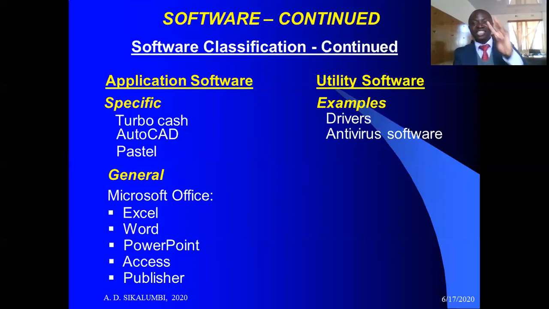And you said there are 3 classifications. We've got the system software, we've got the application software, and we've got the utility software. Have we given examples? Yes, we've given examples for the system software, for the application software, and the utility software. So we can say the objective is achieved.